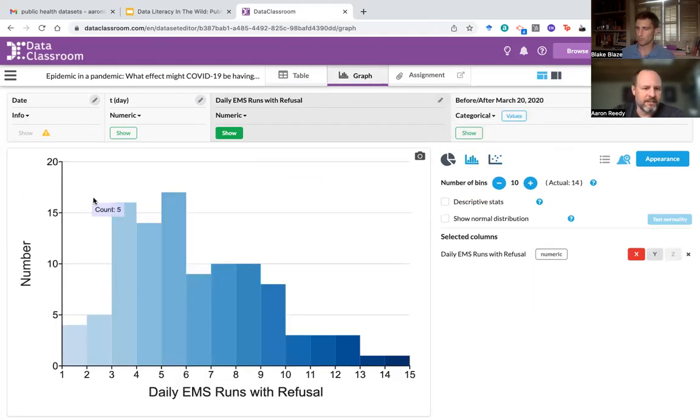We could look at these as a histogram too, and see what the distribution looks like here. It's a little bit non-normal. We've got a skew shape, but we have a peak where on more days there's 4, 5, 6 or so EMS runs, and there's some range about that with tails going up toward 15 or down toward 1.